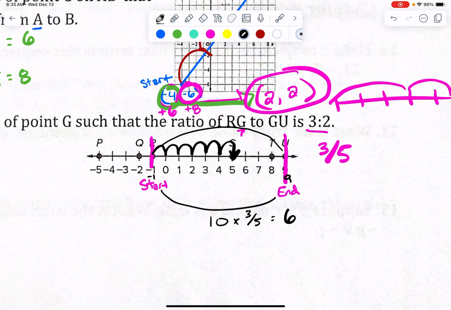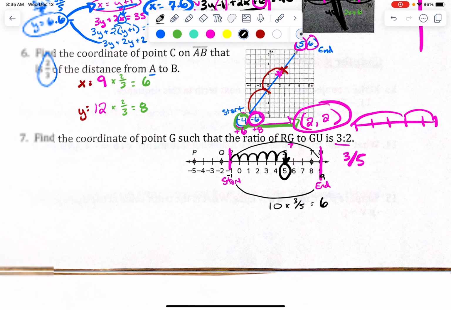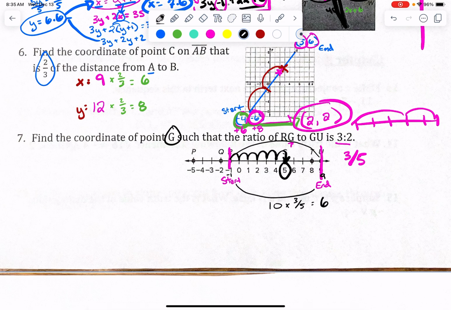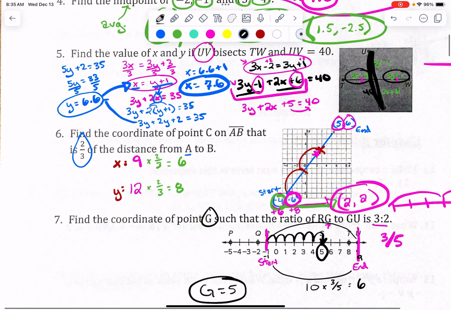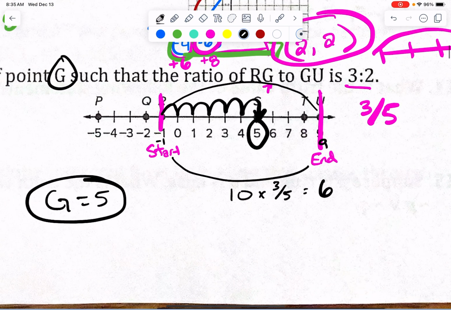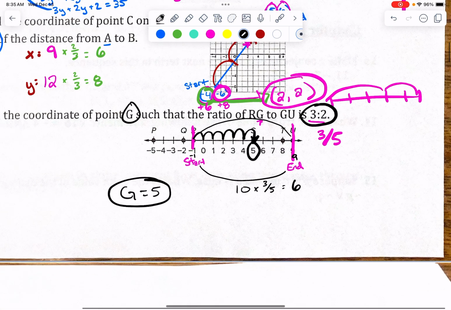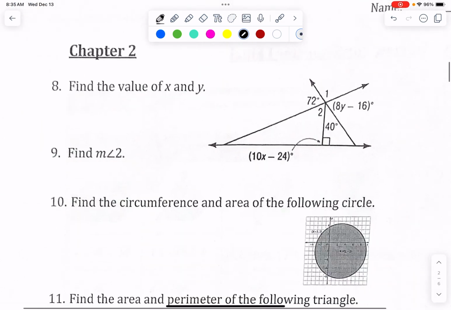Oh, that lands me on S. So S is the same point as G, and G will be at 5. Okay, it'll be on top of S. Coincidentally, it's on top of S, okay? So that was another one that's like this, but it's only for one direction, okay? I want to go 3/5 of the distance. But the kicker there is if it says 3 to 2, that means 3/5 of the distance, okay? So be careful of that, all right?